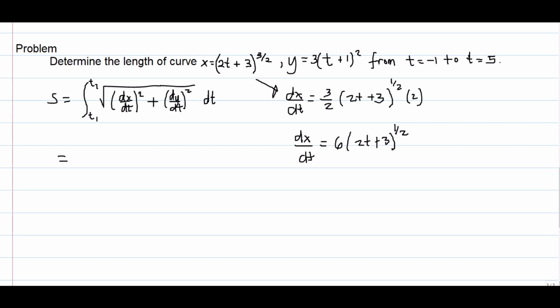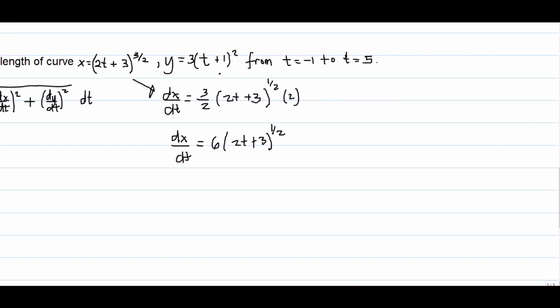Okay, so if you derive the given in terms of y, so dy over dt equals 3 times t plus 1, then the derivative of t plus 1 equals 1. Then we get the chain rule, which also equals 1.